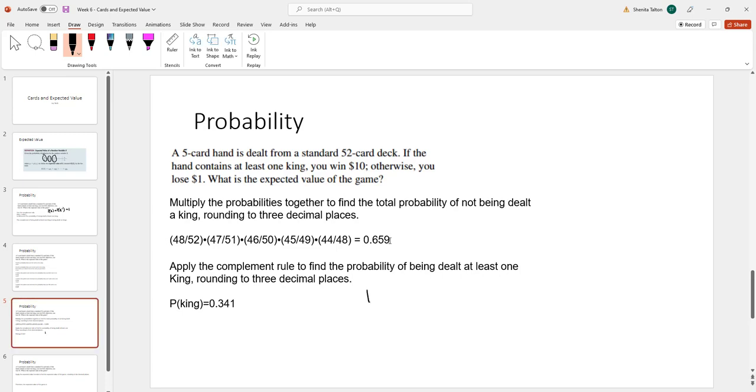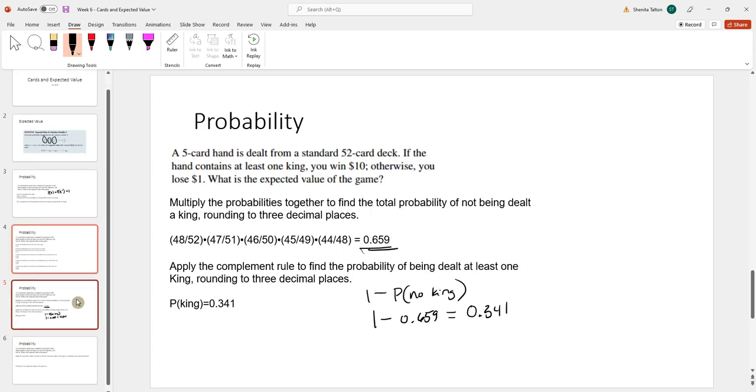So basically you're going to take 1 minus the probability of getting no king. Okay, so we already said the probability of you not getting a king is 0.659. That's what we got here. When we subtract it from 1, we get 0.341. So the probability of you getting at least one king is 0.341.